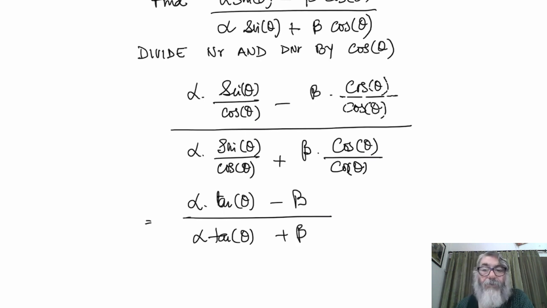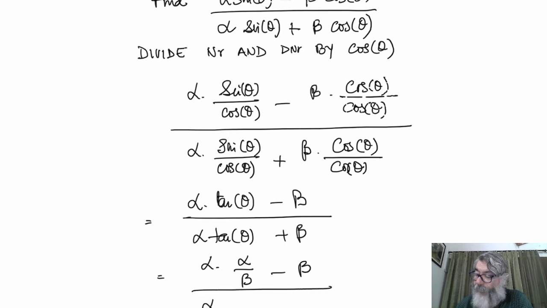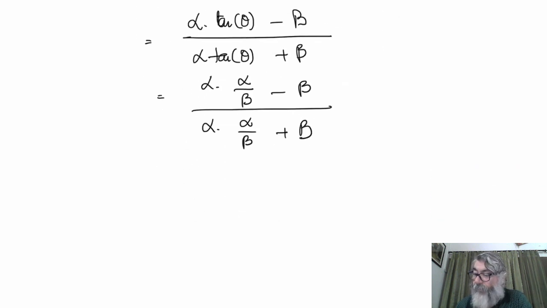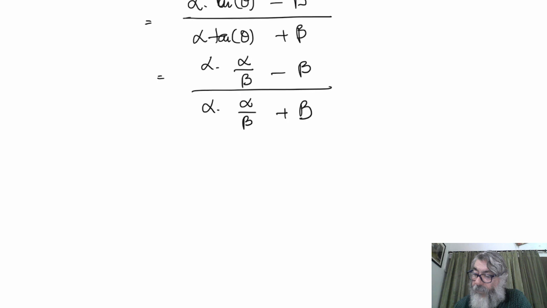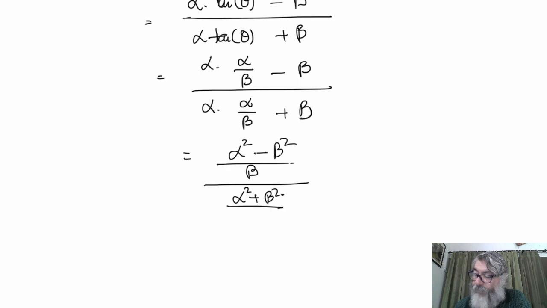And we know the value of tan theta. Tan theta is alpha upon beta. So tan theta is replaced by alpha upon beta: alpha into alpha upon beta minus beta, upon alpha into alpha upon beta plus beta. Now let's see what we get. We'll take beta as LCM. It will become alpha square minus beta square upon beta, upon alpha square plus beta square upon beta.